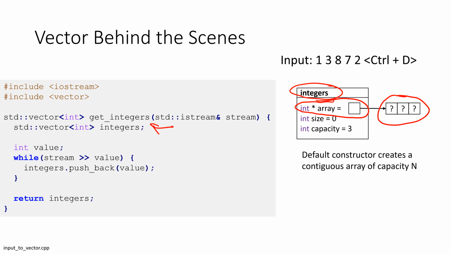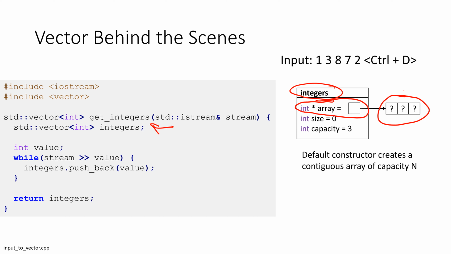This is up to the creator of the standard library, but a typical thing to do would be to say, okay, when you create that empty vector, let's give it room for 3 things. Okay, so this pointer inside of it points at three elements, right? Enough storage for 3 integers.